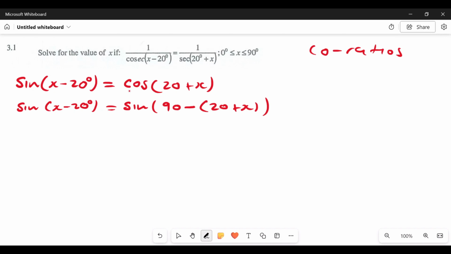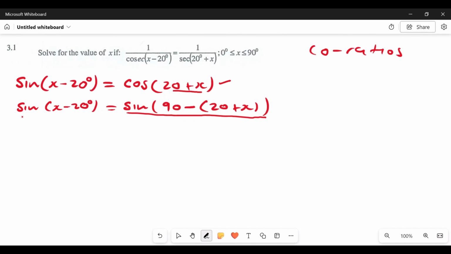As you can see, the cos of 20 degrees plus x is positive. For the fact that this cos is positive, it means this is happening in the first quadrant, because everything in the first quadrant is positive. Now the co-ratio of this one is sine of 90 degrees minus the whole angle that you see here.